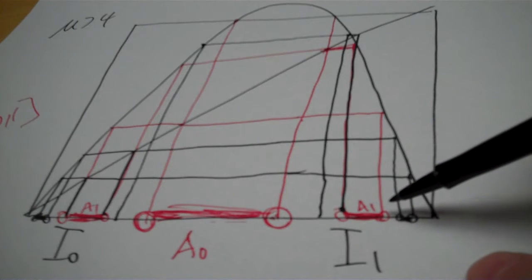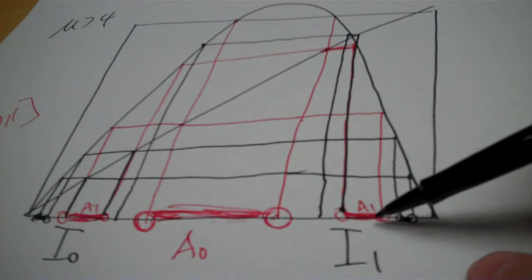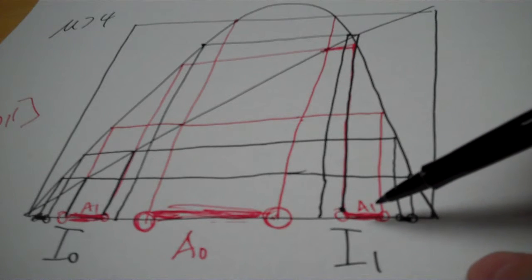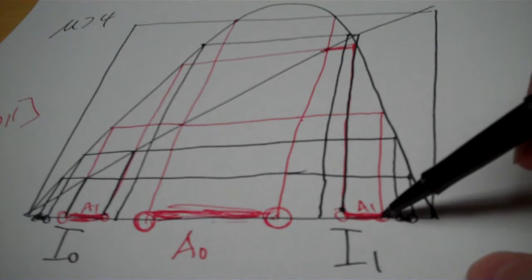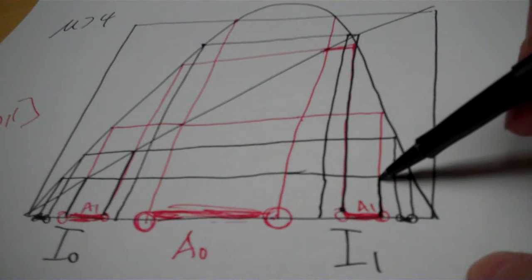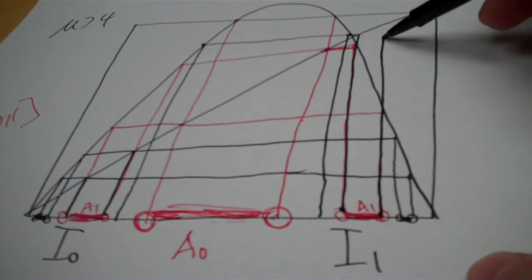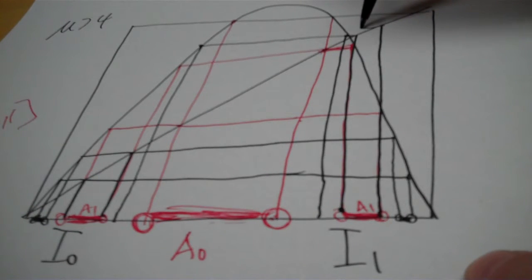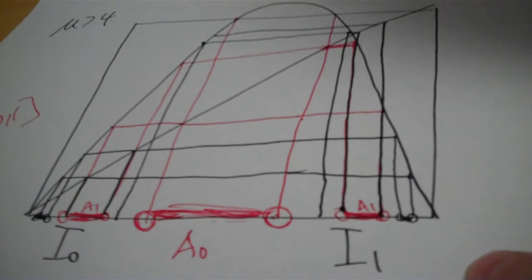Then if we go to the other side of A1 and we try to say, where do those folks in there come from? We're doing pre-images, so we're doing the opposite of our usual routine. So you go vertically to the line. Oh, vertically the line is way out, way past the curve. Well, that's cool. So we go now horizontally to the curve, and there's also horizontally to the curve.